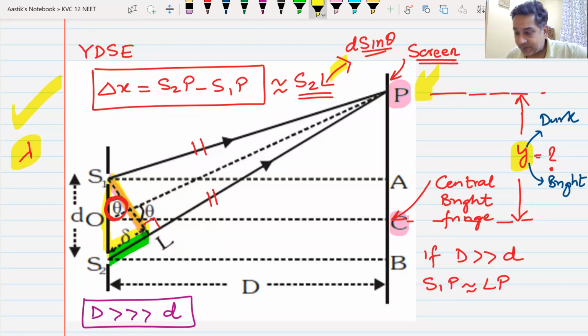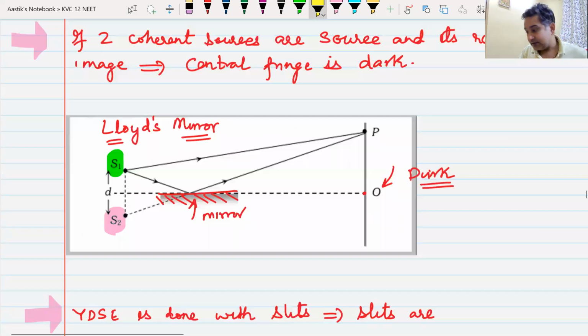Now, what is going to happen here? I told you that the central fringe is always bright. But I also told you that in some cases this can be shifted, and I gave you the case of Lloyd's mirror.